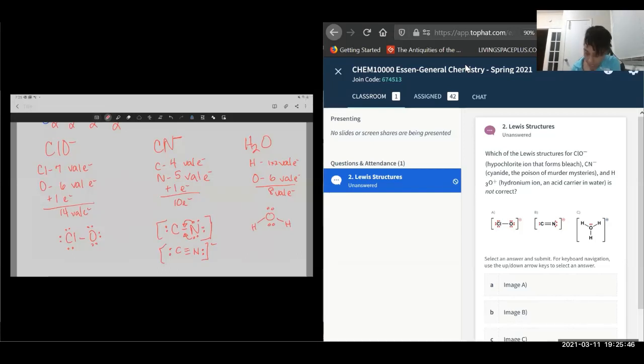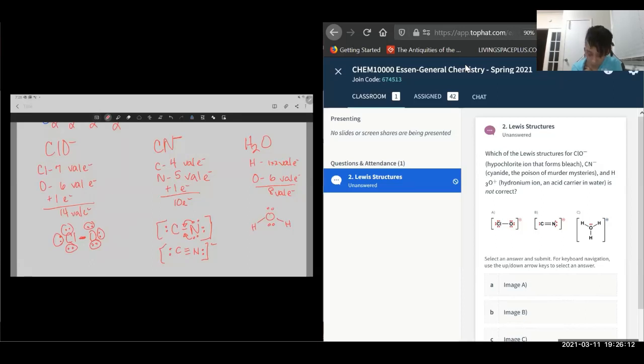we notice that for ClO minus, there are 14 valence electrons. If we place our first pair of electrons in between, and then we add on the rest, that's 2, 4, 6, 8, 10, 12, 14.